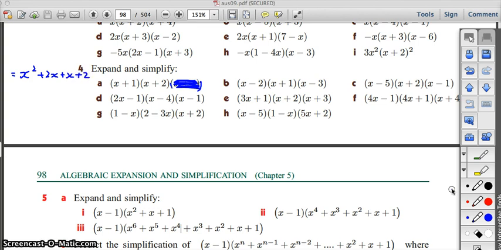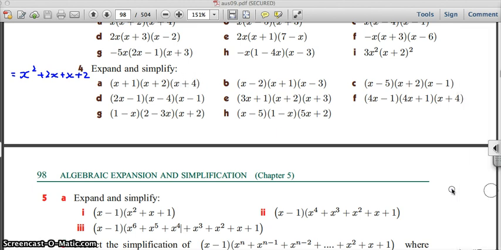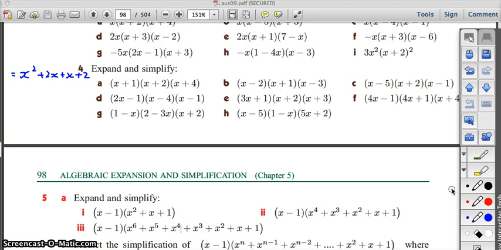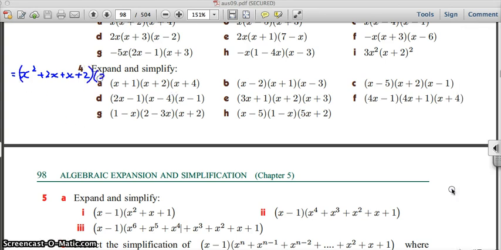Do that. And then I'll pop that in now, times x plus 4. Because all I've done is I've expanded this, and now I'm going to multiply that expansion by that.